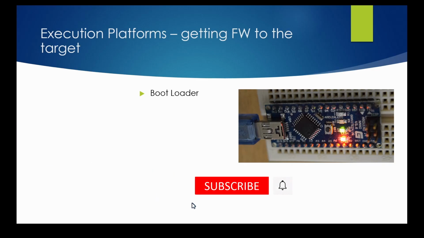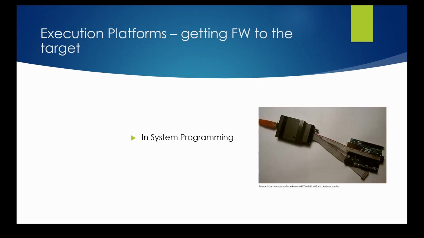It requires the system to come pre-installed with a piece of firmware already running on it that will handle the communication and the image transfer into the system storage. Another way to get the image onto the device storage is to burn it directly with an ISP, an in-system programmer. This device works directly at the hardware level and does not require pre-installed firmware.